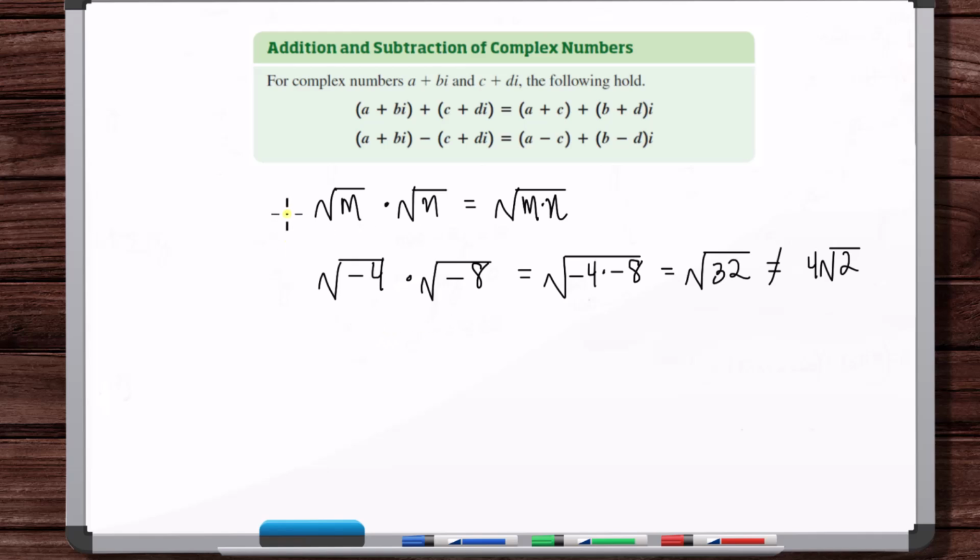So what the textbook told us was that for a case like this, where you're multiplying two square roots where one or more of them have a negative number in the radical, you want to first take the i out with this property that we were taught.